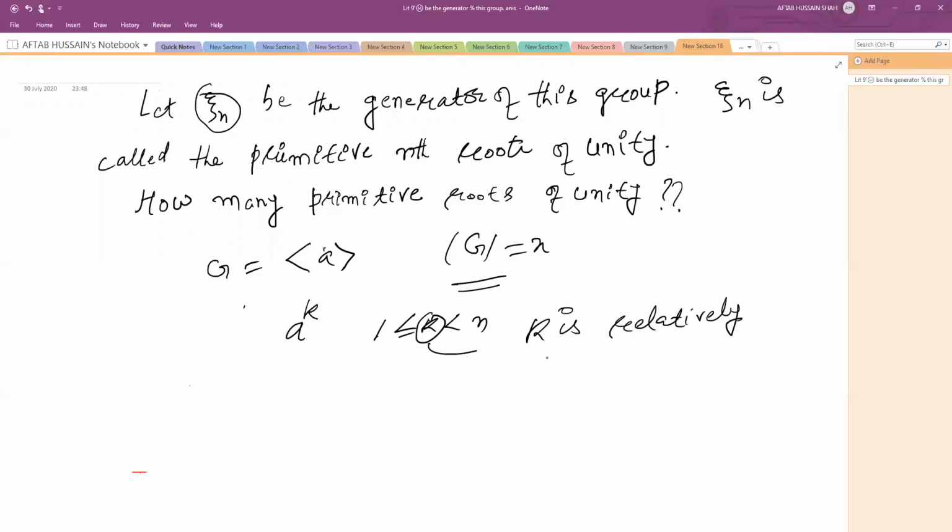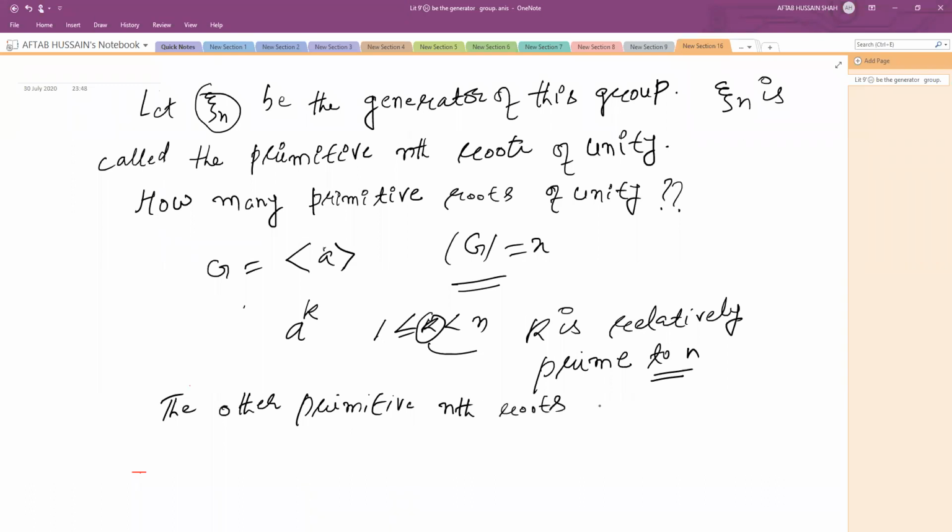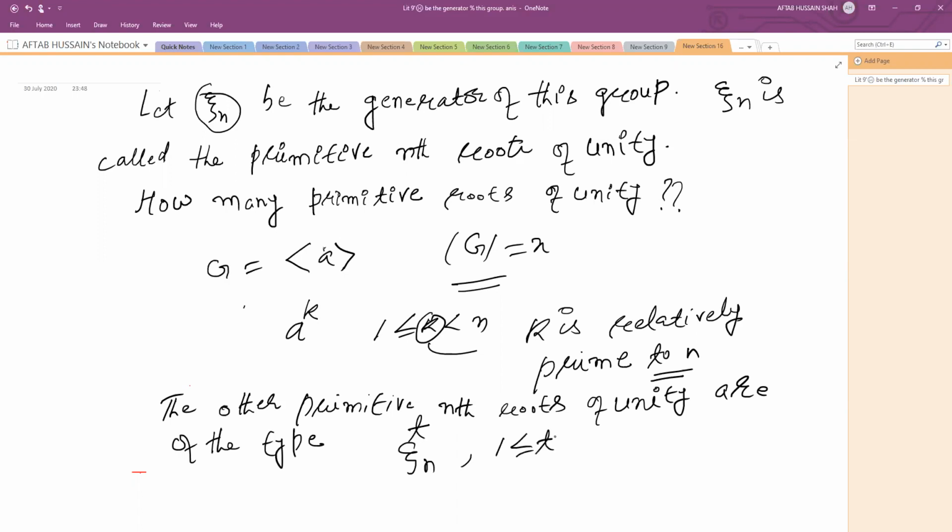So the other primitive nth roots of unity are of the type zeta n raised to power t, where 1 is less than or equal to t less than n, and t is an integer relatively prime to n, that is, the GCD of t and n is 1.